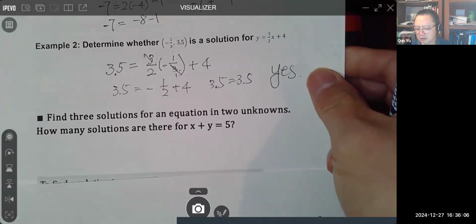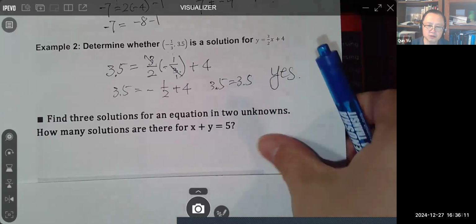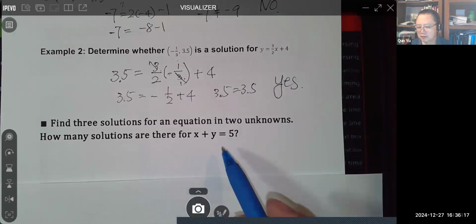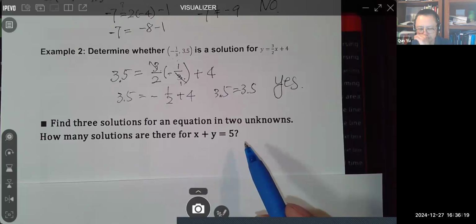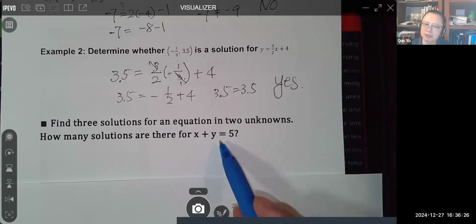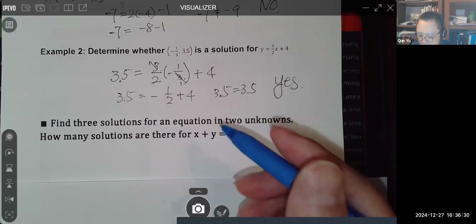Now, our second learning objective: find 3 solutions for an equation in 2 unknowns. See how many solutions there are for this particular one. This is just a basic idea to demonstrate that for a 2 unknown equation, we have infinitely many solutions. So let me give you some.